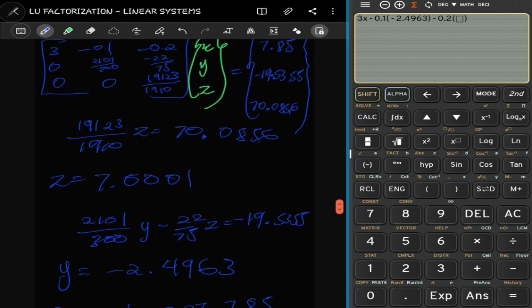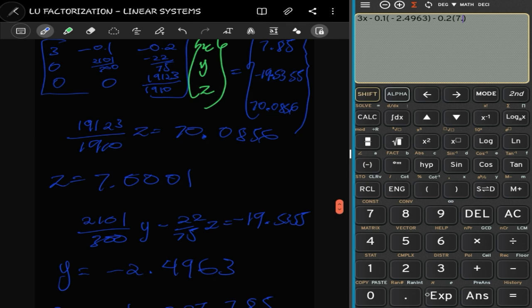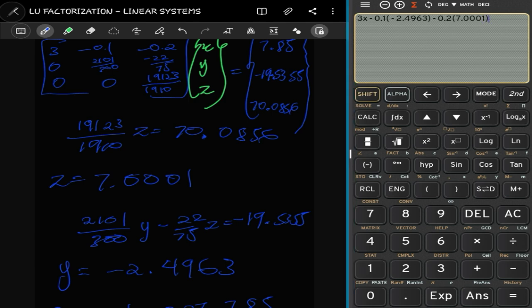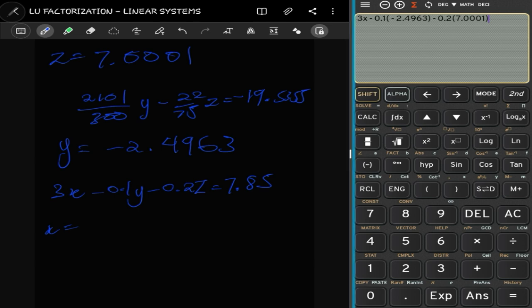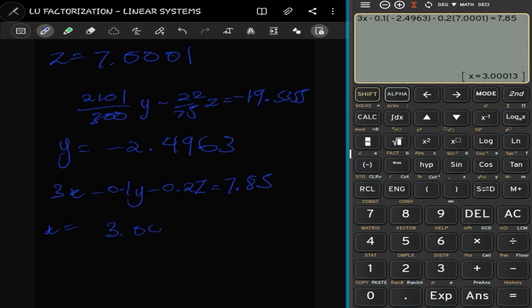I have the z to be 7.0001, all being equal to 7.85. So now we get our x. So the x turns out to be 3.0001, 4 decimal places.